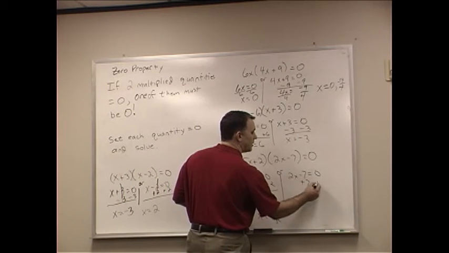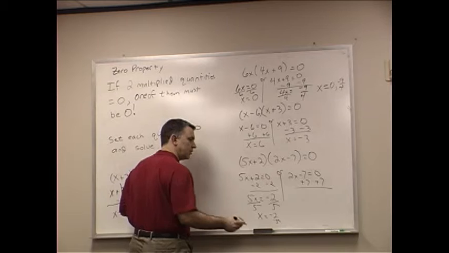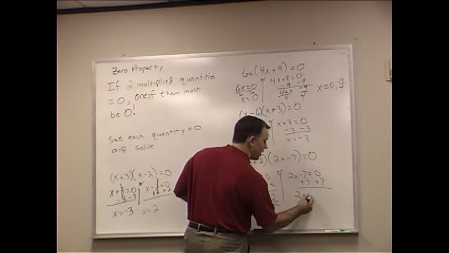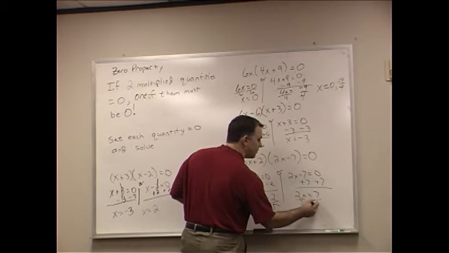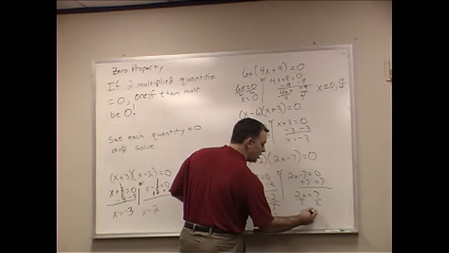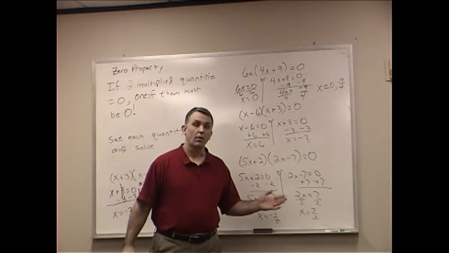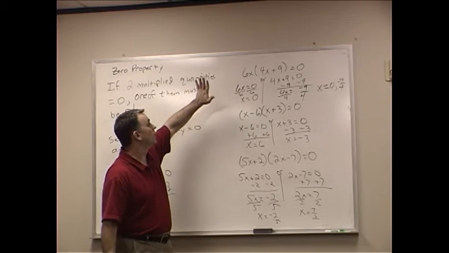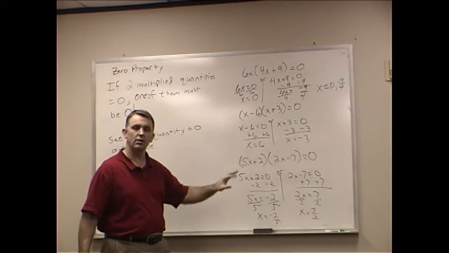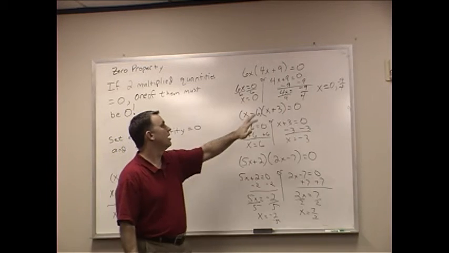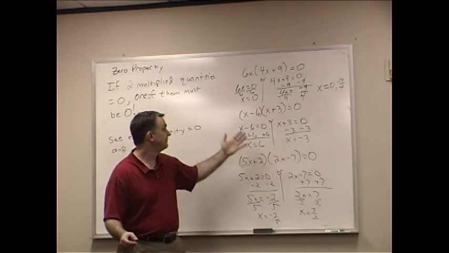And for this one, I hope you're thinking plus 7, plus 7. 2x equals 7. Divide by 2, divide by 2. x equals 7/2.